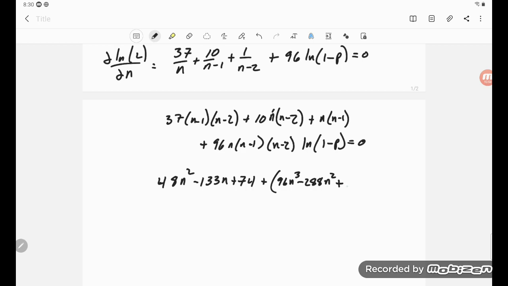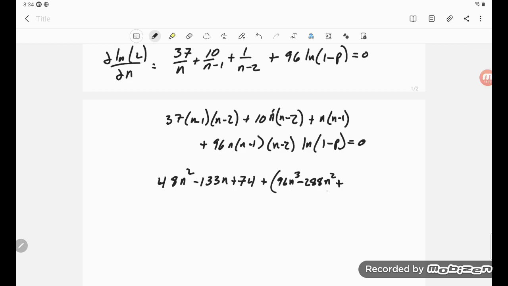Really feel like I'm missing some n there or something. Let's see. Let me put it on pause a second and look at my work here.